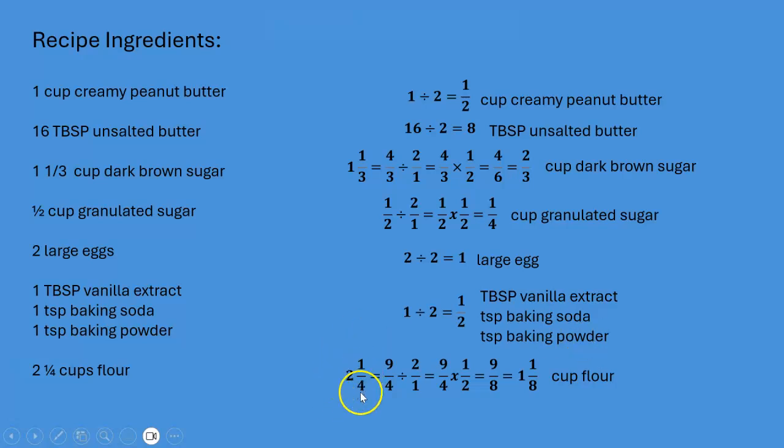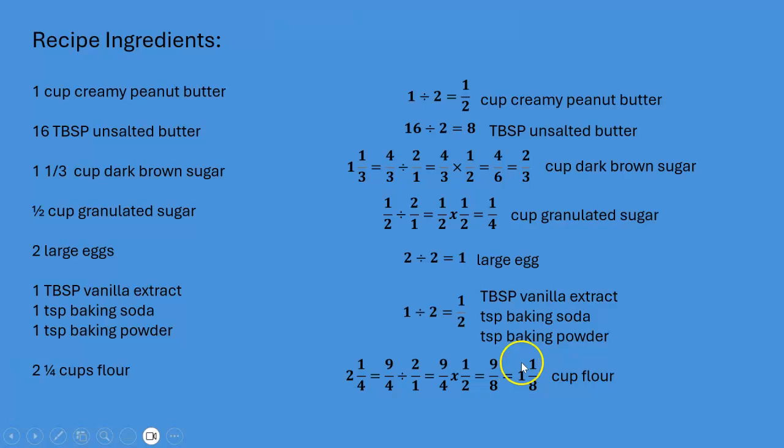Now our 2 1/4 cups of flour convert to an improper fraction. That gives me 4 times 2 is 8, plus 1 is 9/4, divided by 2 over 1. 9/4 times, and we flip the second fraction, 1/2. 9 times 1 is 9. 4 times 2 is 8. 9/8, which is 8/8 making 1 whole cup, and we have 1/8 left over.